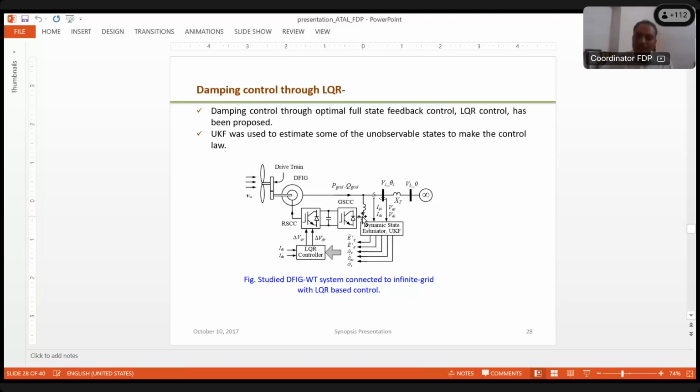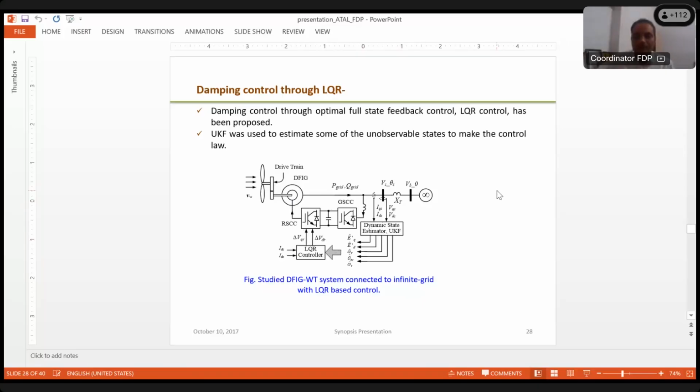So whenever there is a change in all these states, that comes out as k multiplied by that. They exactly give the rotor voltage which is fed into the rotor of the generator, and by that this generator gets damped.